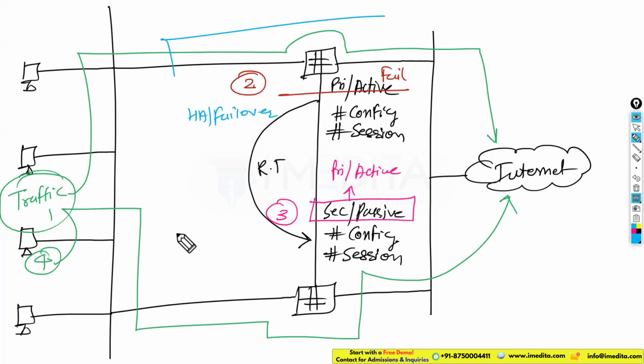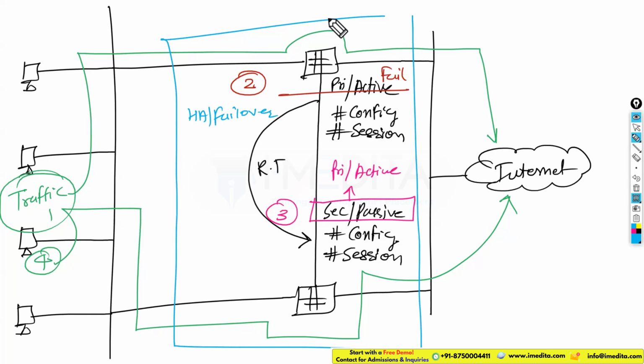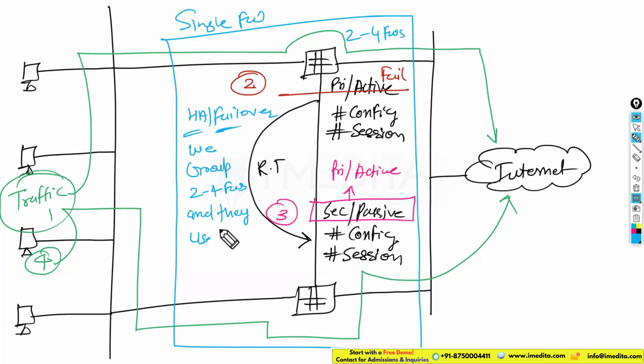In HA or failover, we group 2 to 4 firewalls and we treat them as a single firewall. One will be primary, that will be active. Secondary will be passive. The primary firewall will share real-time configuration and sessions with the secondary. If the primary firewall fails, the secondary will take over the role.